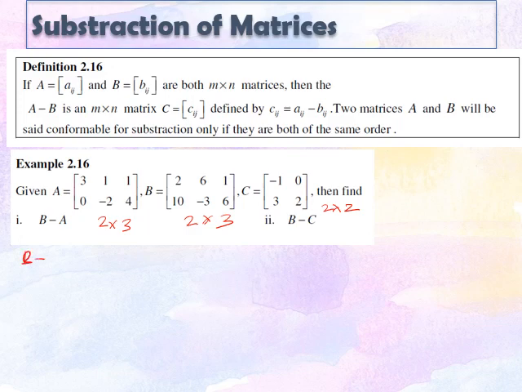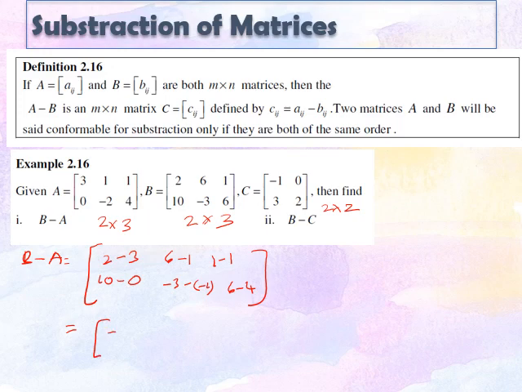B minus A is equal to 2 minus 3, 6 minus 1, 1 minus 1, 10 minus 0, negative 3 minus negative 2, and 6 minus 4. So we have negative 1, 5, 0, 10, negative 1, and 2.